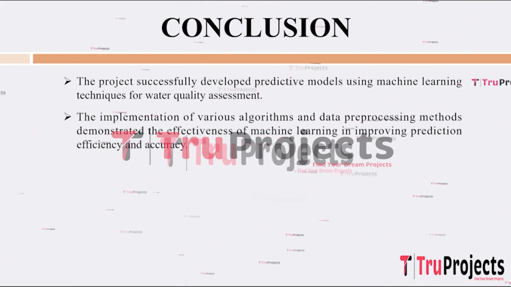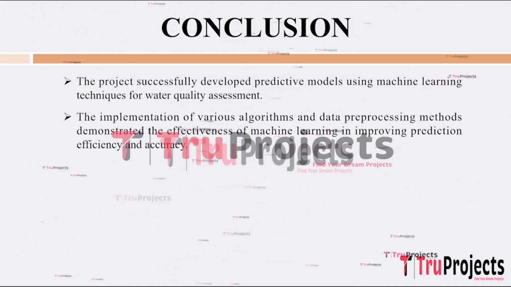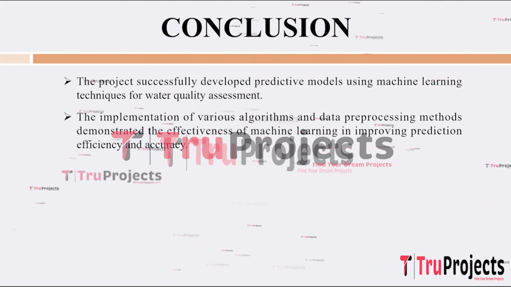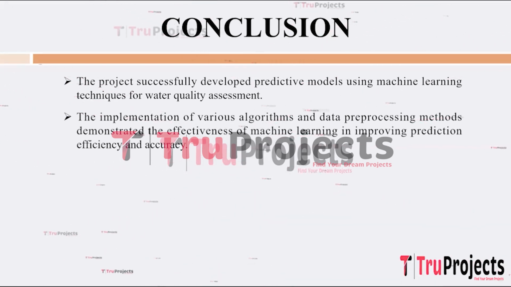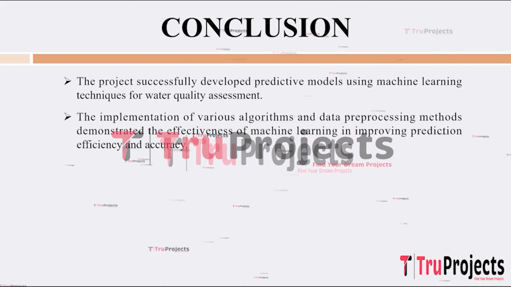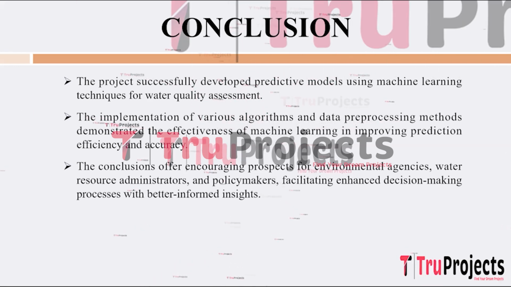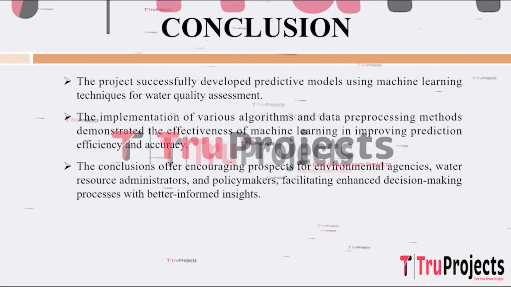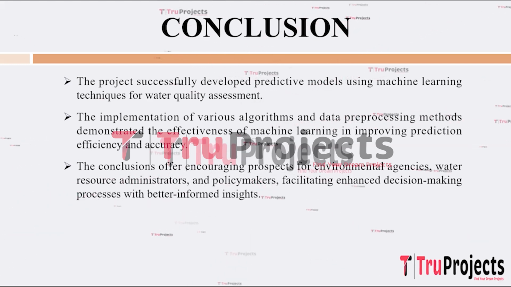By implementing various algorithms and data pre-processing methods, the project demonstrated the effectiveness of machine learning in enhancing prediction efficiency and accuracy. This highlights the potential of machine learning to handle complex data sets and extract valuable insights for water quality assessment. The conclusion of the project holds promising implications for environmental agencies, water resource administrators, and policymakers.